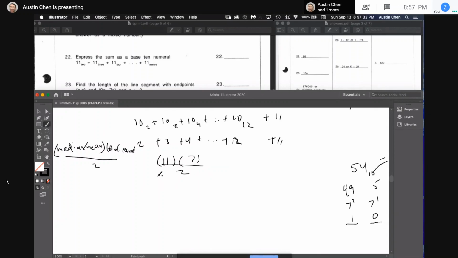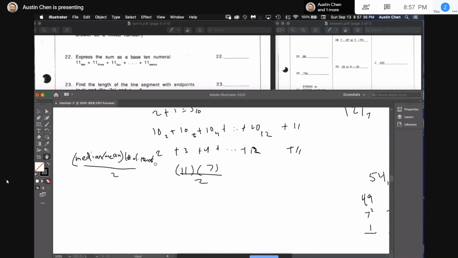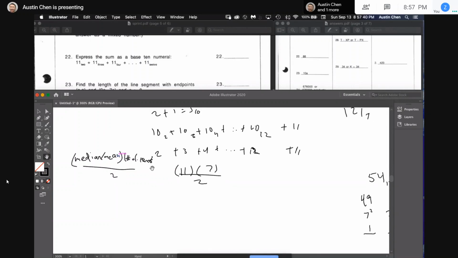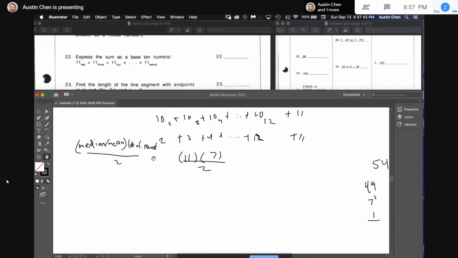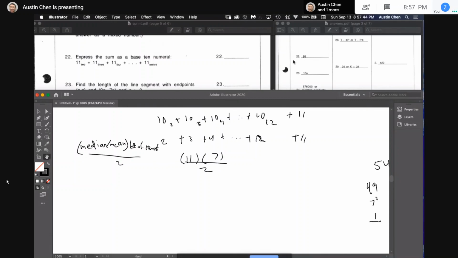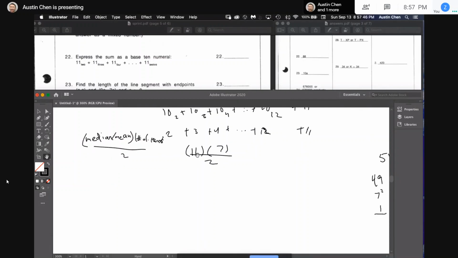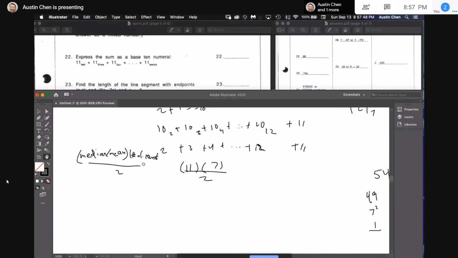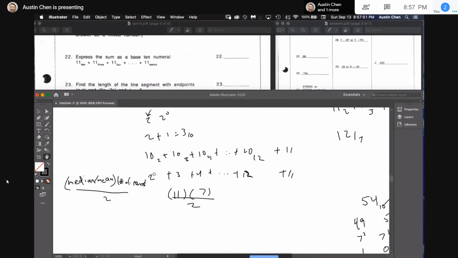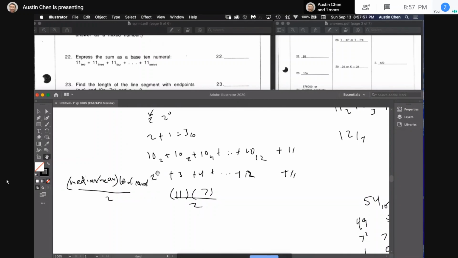Oh, did I miss out? I think I messed up somewhere. Because this is an integer, but this is not going to be an integer. 11 times 7. Why are you dividing it by 2 again?